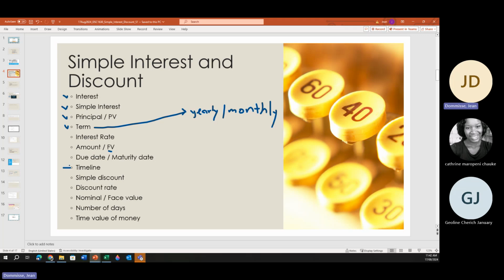What we're going to do a lot in simple interest, compound, annuities when we get there, I like drawing a timeline, and they explain that as well. The reason why I like it is it just gives you a quick picture of what you need to do.